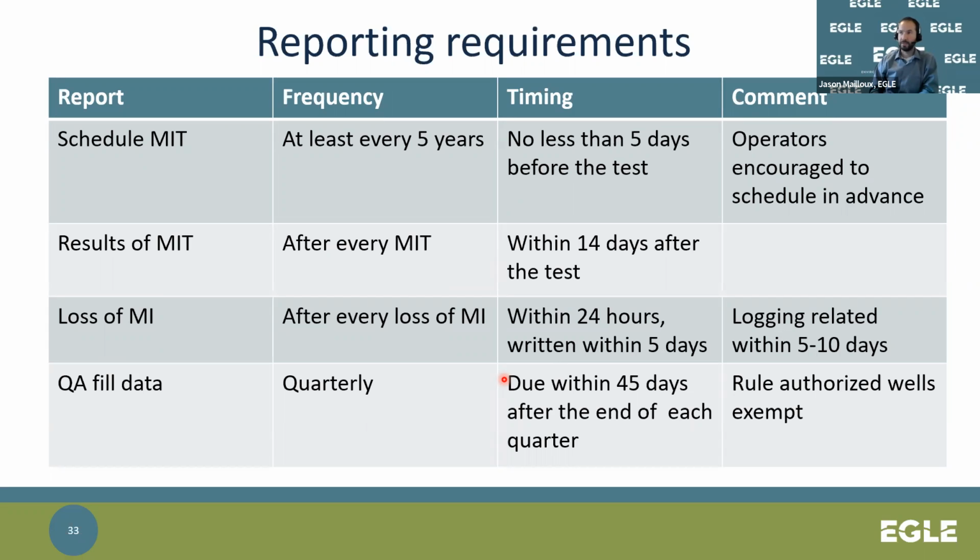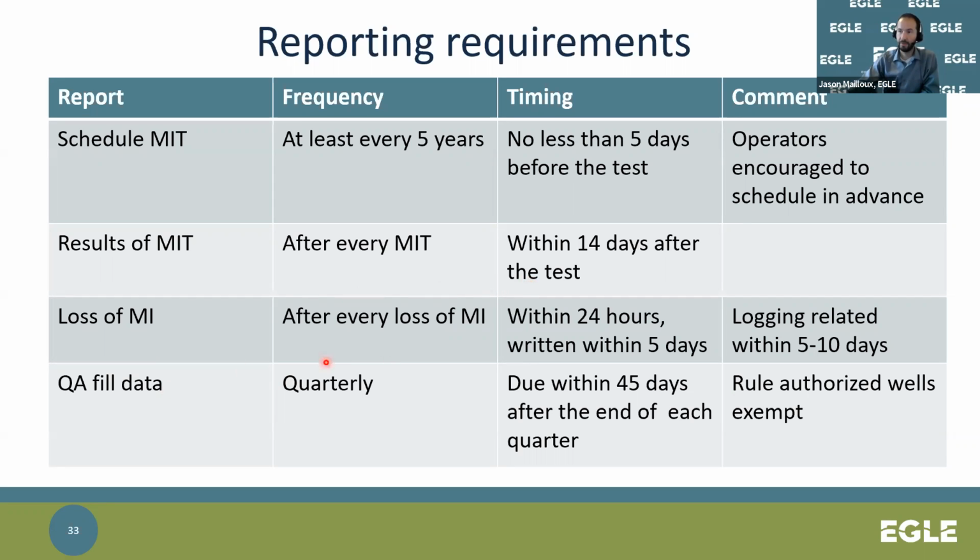And I guess finally, for MITs, we've talked about it in 806 and 808, at least every 5 years. Need to let us know at least 5 days, preferably longer, ahead of time. That's why I said you're encouraged to schedule in advance if you can. We'll need to know the results of the MIT after every MIT, pass or fail, within 14 days after the test.